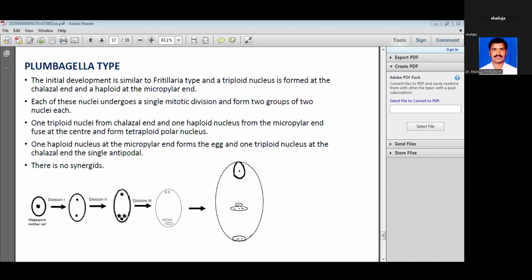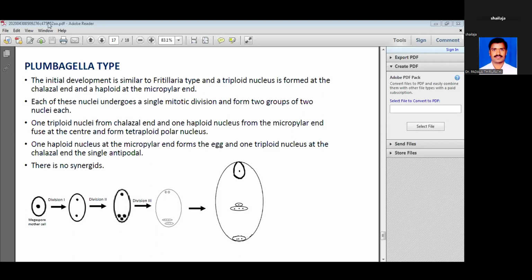One is the egg cell. One comes to the center. One triploid and one haploid form the polar nuclei. So this is the four nucleate embryo sac. Four nucleate, but out of the four, two are triploids and two are haploids. That is the difference. This is the Plumbagella type.